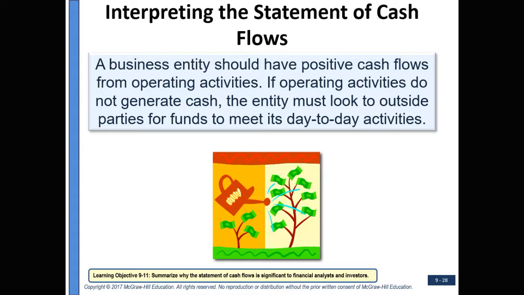If an entity is heavily growing, they may not have positive cash flows from operations as they are consuming a lot of it with these new operations, and they may be financing that with bonds or equities because they're going to continue to be investing in new PP&E and things of that nature as they move into, say, maybe a European market.